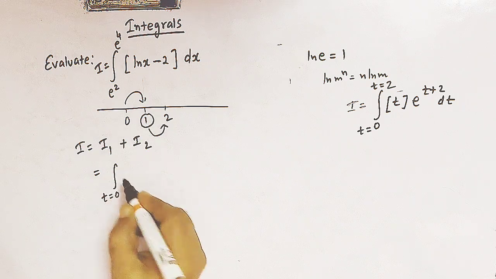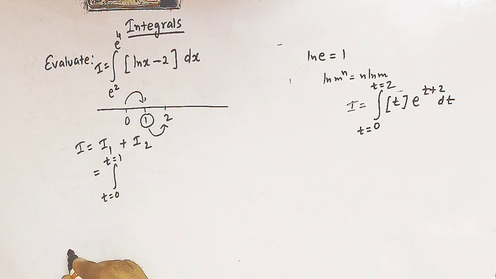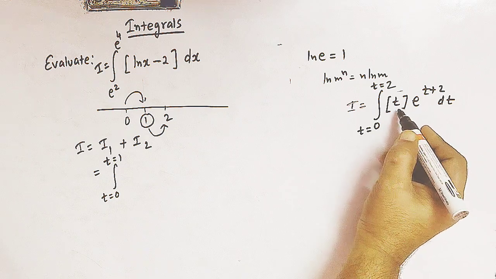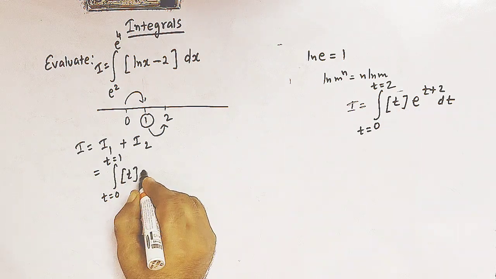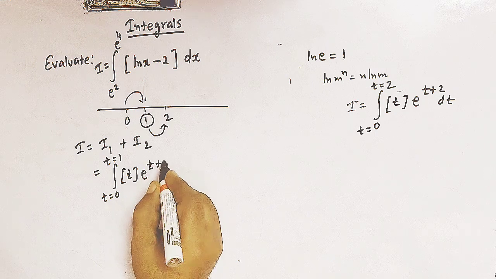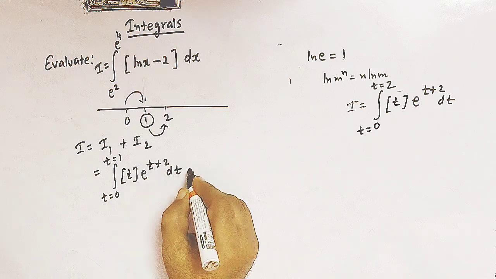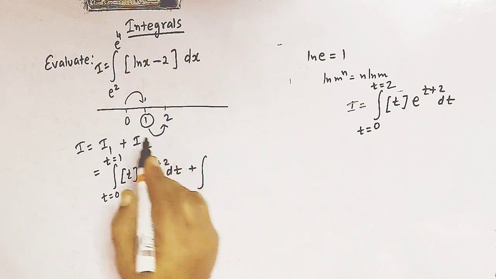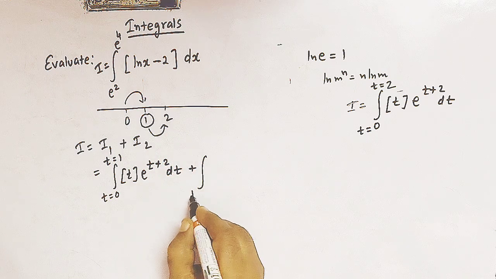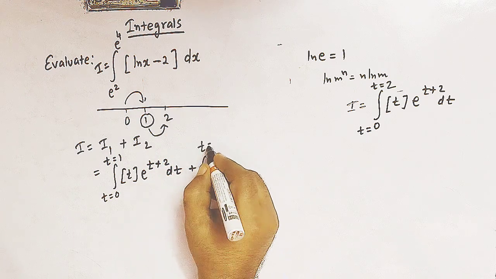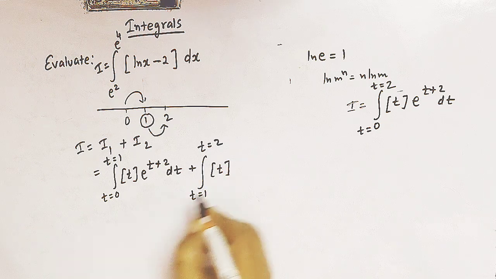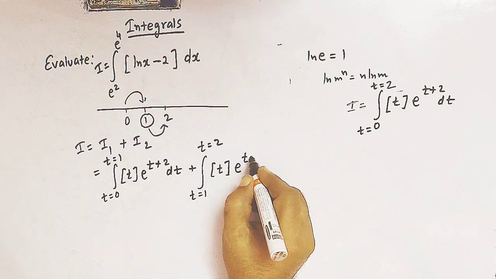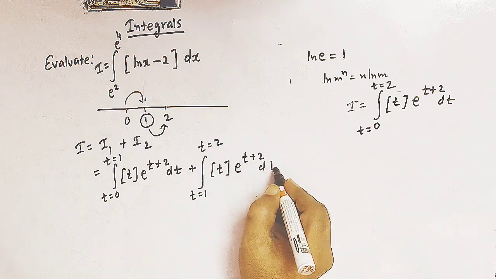So we have t is equal to 0, here we have t is equal to 1, and the integrand is greatest integer of t, e raised to t plus 2 dt, and I2 is from 1 to 2. So we have t is equal to 1, t is equal to 2, and the integrand is greatest integer of t, and e raised to t plus 2 dt.